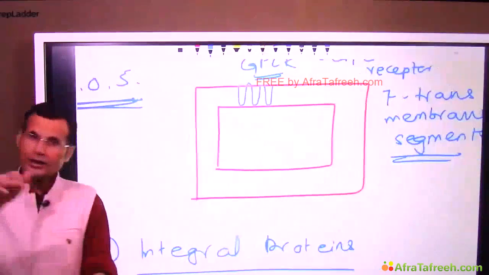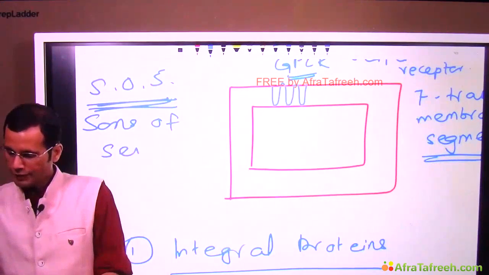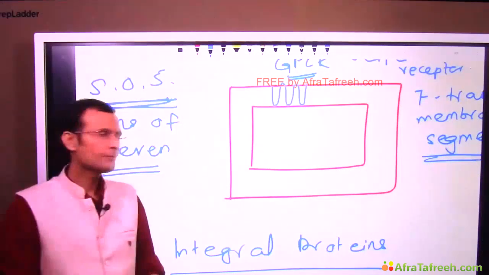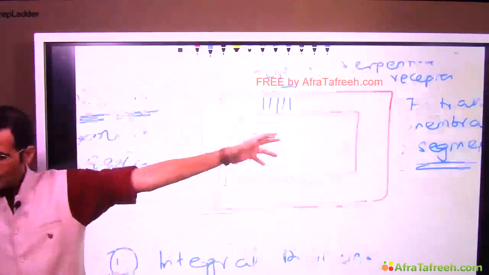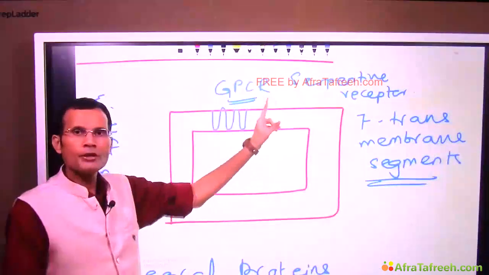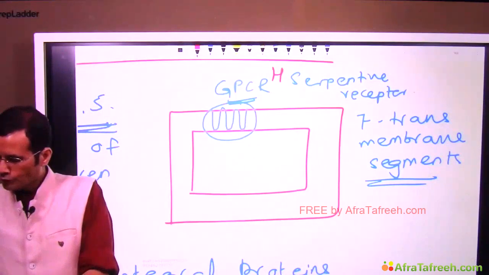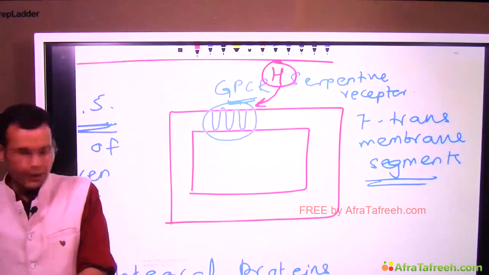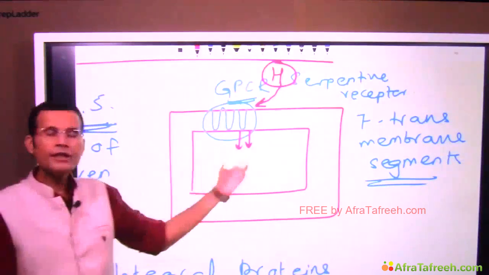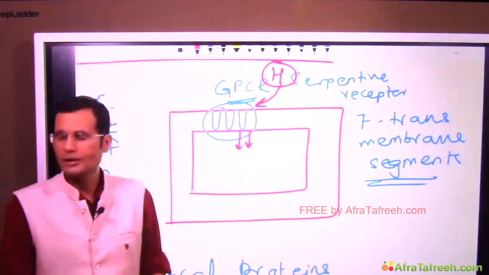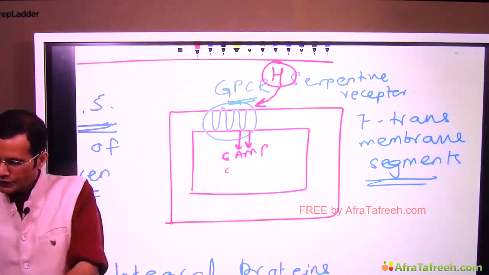Here, there's another meaning. SOS here means sons of 7. Now, what is the connection? Look, this is a GPCR, a G protein coupled receptor, a receptor in the cell membrane. When a particular hormone arrives at the cell and combines with this receptor, this combination will form intracellular products, the so-called second messengers, like cyclic AMP and cyclic GMP.